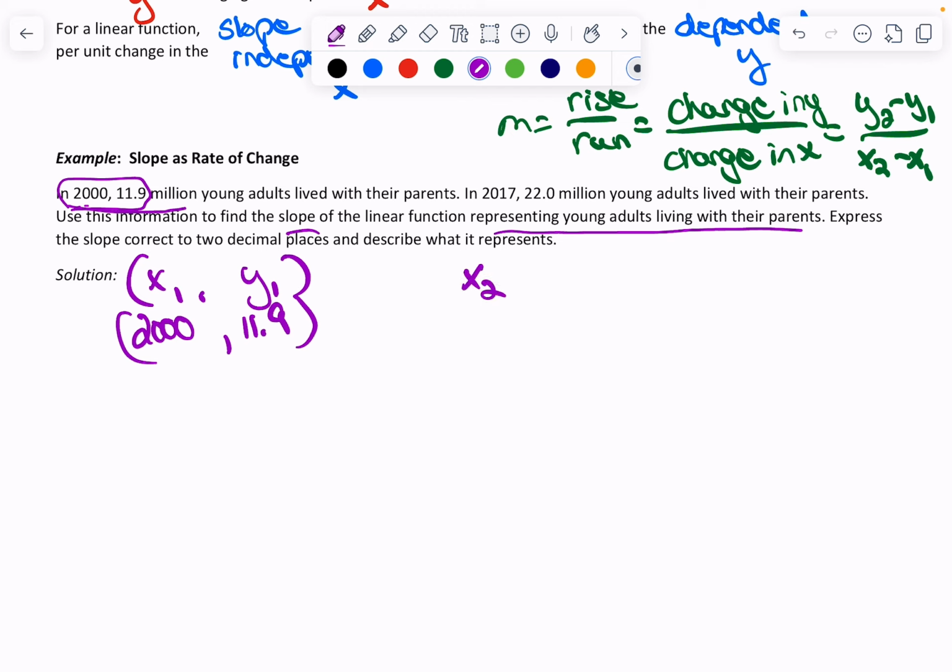Our x2, y2 is going to be the other one, 2017 and 22 million. But we're dropping the million for now, so we're just using this right here.